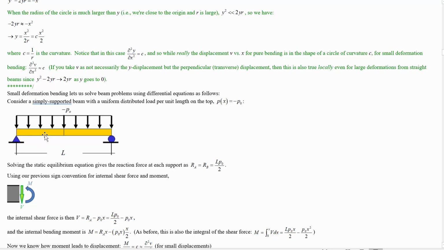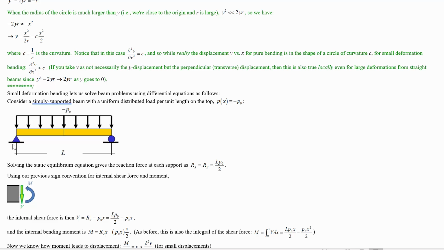So there has to be an internal shear force that counteracts that upward RA, and then gets reduced by the amount that P naught has acted on this as we go along the beam. So in the center, we should have a shear force of 0, and then right before the end, we'll have an internal shear force that's negative in this direction because it has to hold up most of the beam and do exactly what RB is doing.